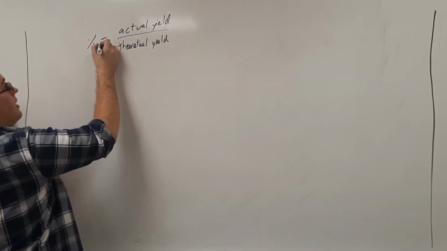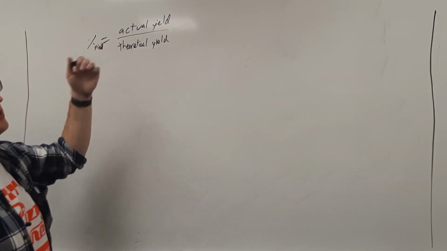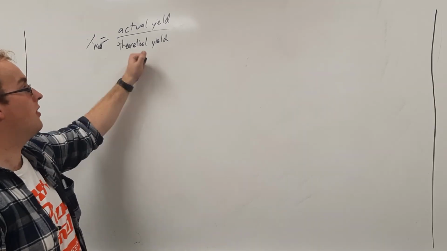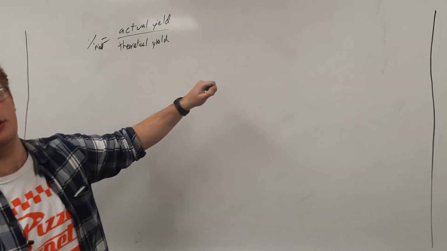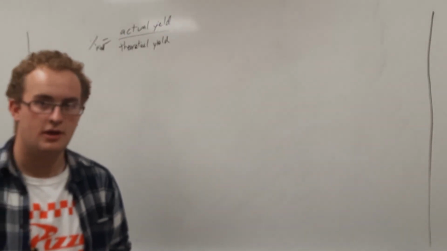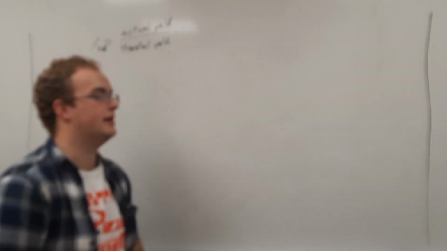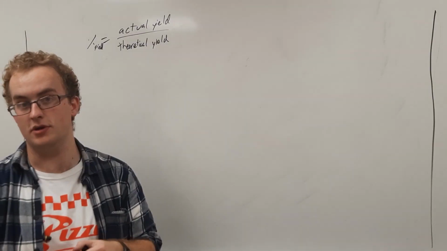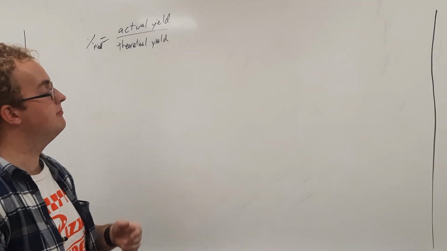Like this. So theoretical yield might be the number of moles that you calculated, or the number of grams of your product that you calculated using just your equation. And then your actual yield was something smaller because maybe there's some other factors at play, like not all of it would convert into the products for whatever reason.